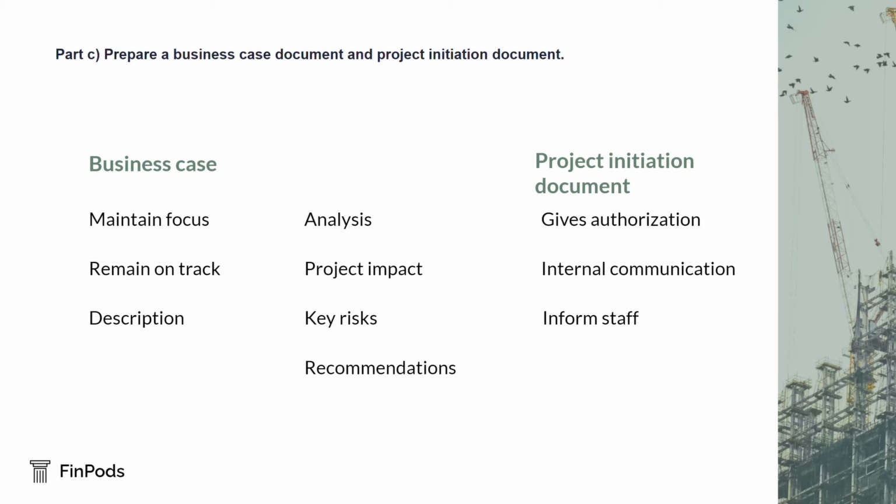Other elements of information may be included in the project initiation document, such as outline schedule of work, budget information, outline of project scope and work sequence, further details of roles and responsibilities.